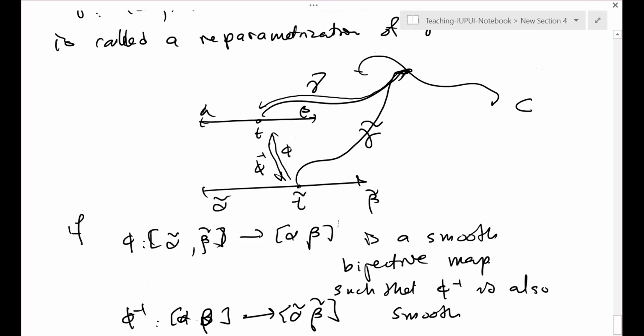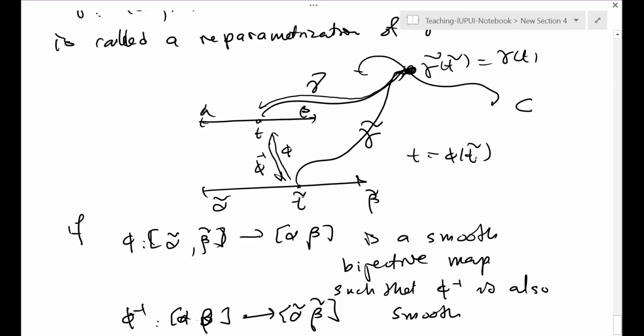From this picture, it's easy to see. You take a common point. So t tilde maps to here, then you have gamma tilde of t tilde, and that should coincide with gamma of t. So go back to t. Given t tilde, you get a t. So the relationship is t is given by phi of t tilde.